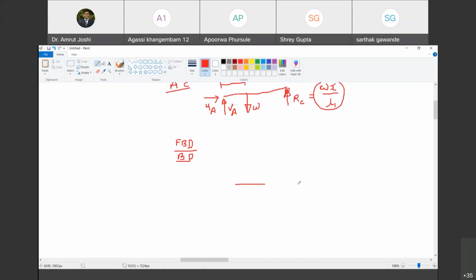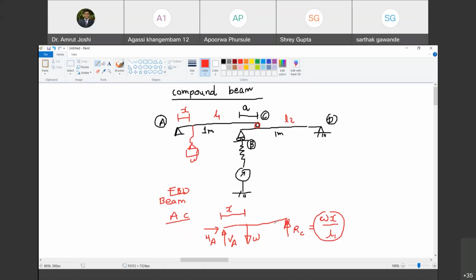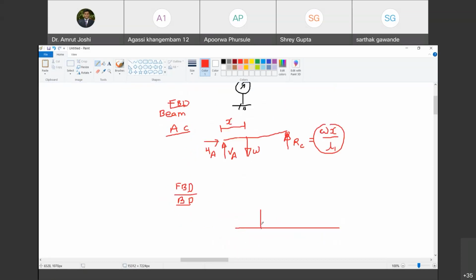Now, let me draw the free body diagram of beam BD. How will the free body diagram look? Tell me. So look, what is RC? RC is the reaction offered by beam BD on beam AC at C. So what is the action taken by beam AC on beam BD at C? By Newton's third law, it must be equal and opposite. Do you agree with me? Yes, sir. So can I show this RC at distance A here?